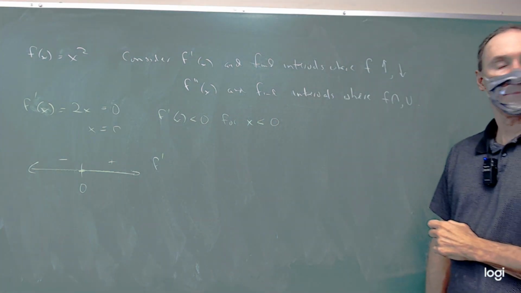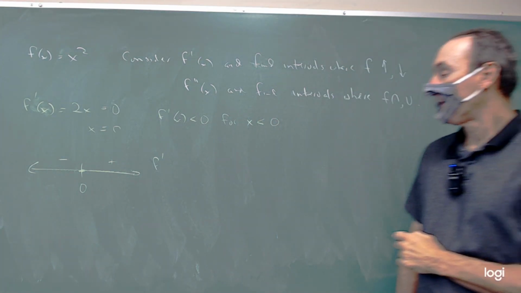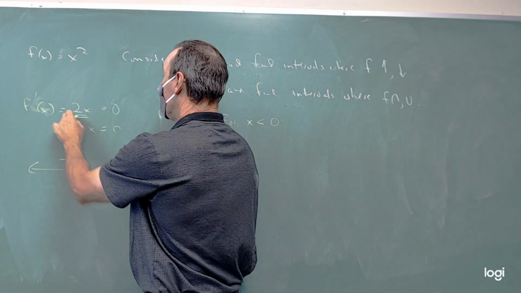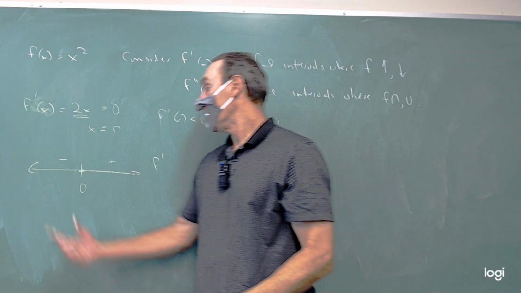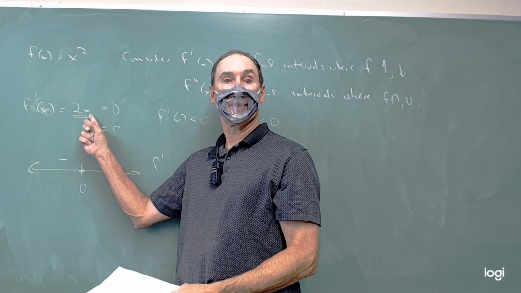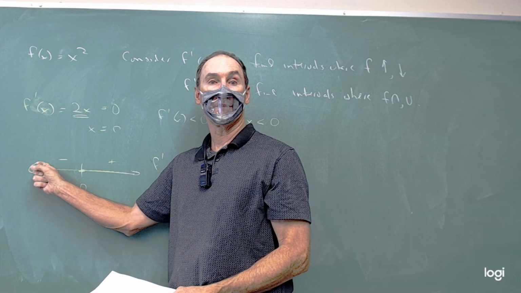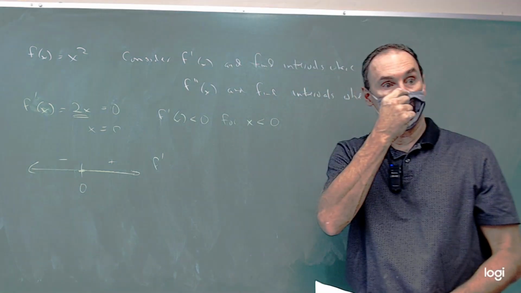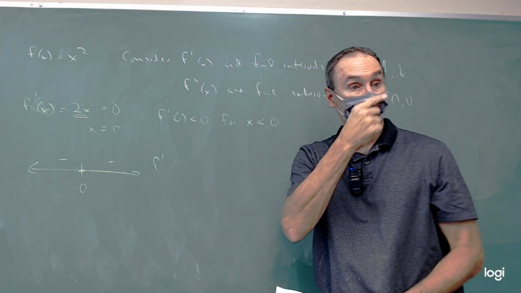Wait, Mr. Street, why is it negative on the left and positive on the right? So if we plug into the derivative a negative number, say negative 1, 2 times negative 1 is negative 2, that's going to be a negative number. So the derivative is negative. Okay, see how we're doing that?